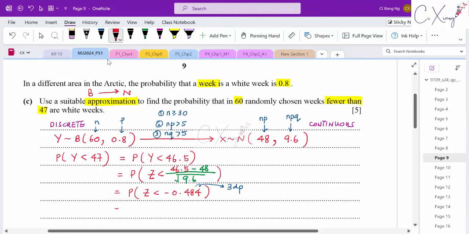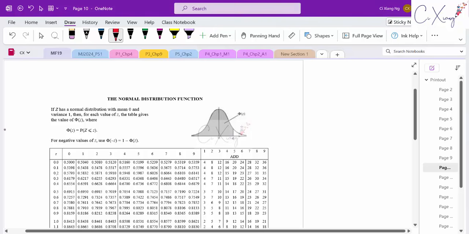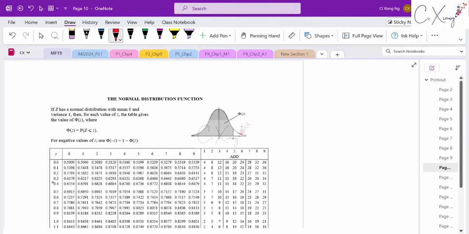All right, and after that, for Z smaller than negative 0.484, the particular area that we want to find is this one. This area. This is negative 0.484. In the normal distribution table, you realize that all the values of Z must be positive, cannot be negative. You can see that there's no negative sign here.